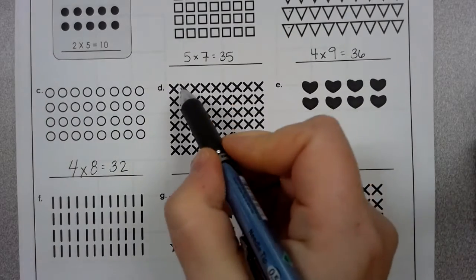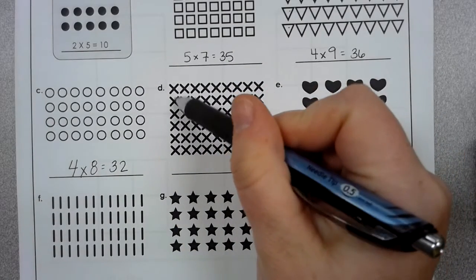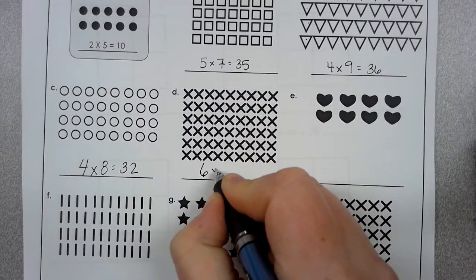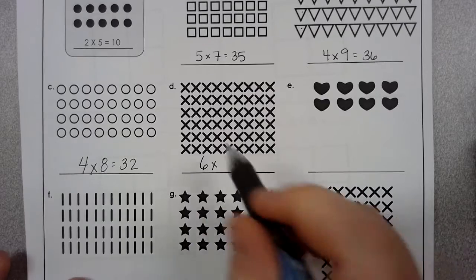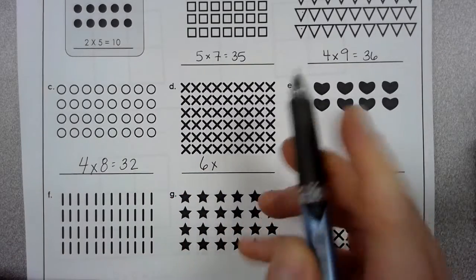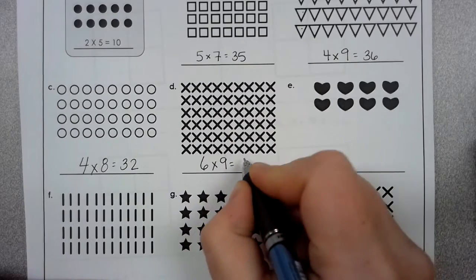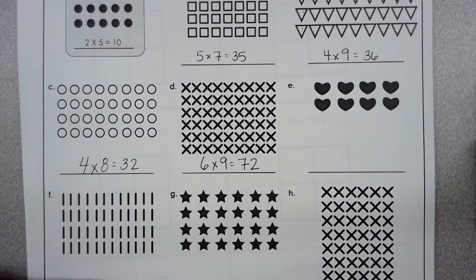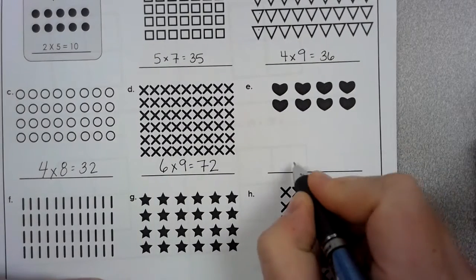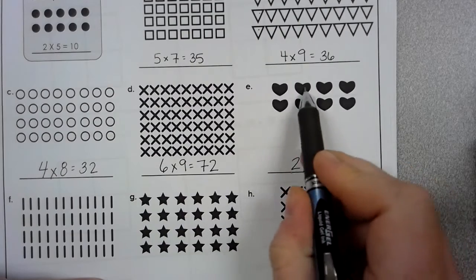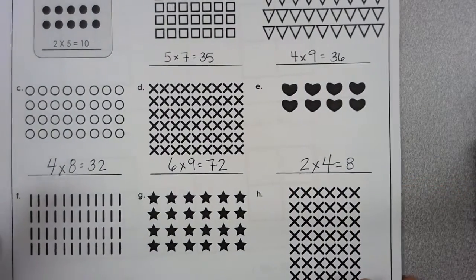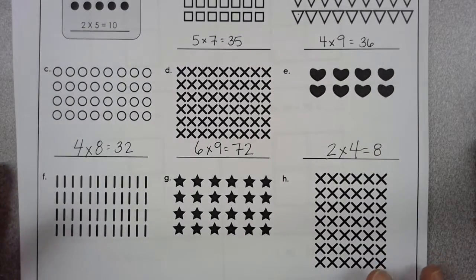Okay, so let's count the rows. 1, 2, 3, 4, 5, 6. 6 rows of 9, and that equals 72. Oh, this one's easy. 2 rows of 4, and that equals 8. I know right now y'all are going, please hurry up. We can do this faster.